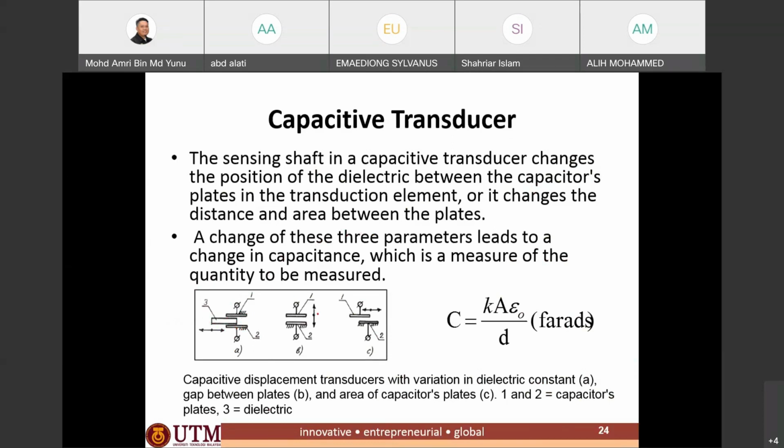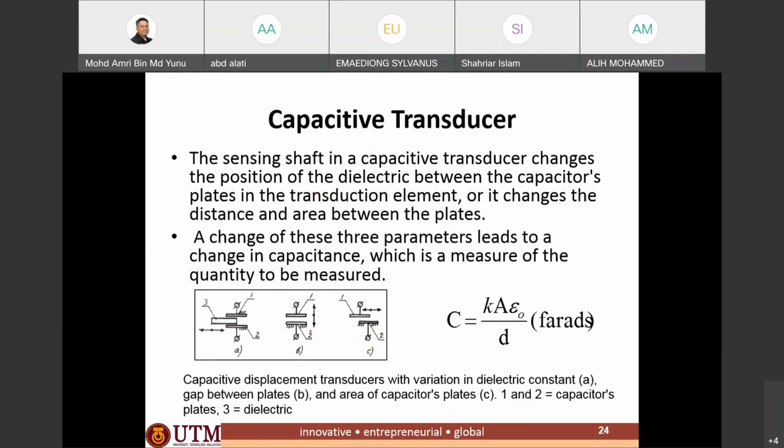Or it can be due to the second condition, the distance, and another example is due to the change of total area between the plates. So it depends on where the sensing shaft is attached.